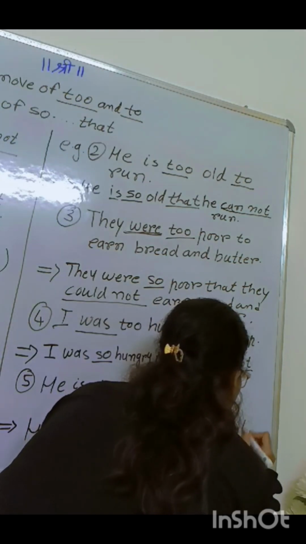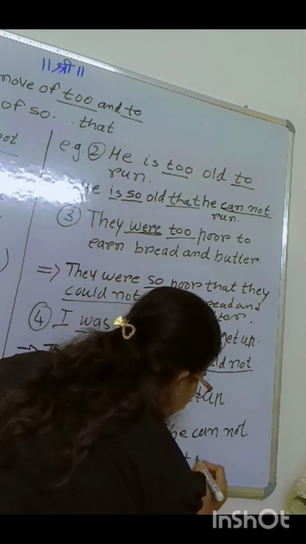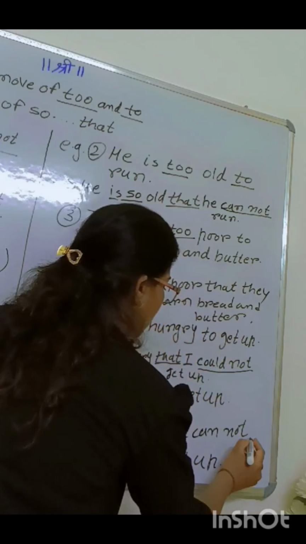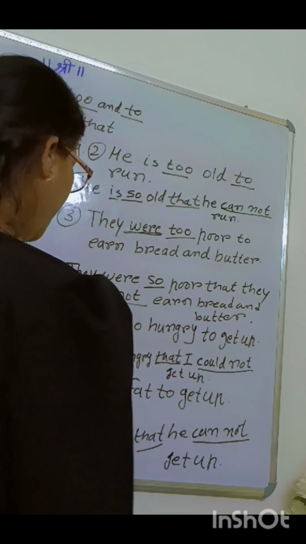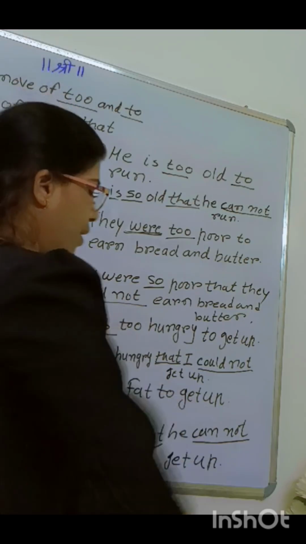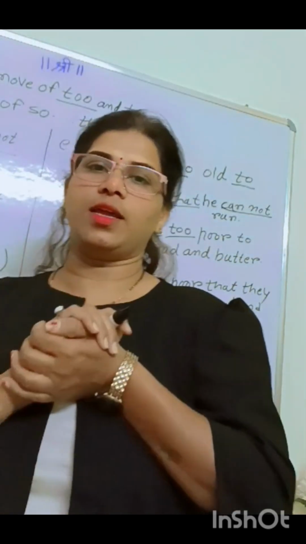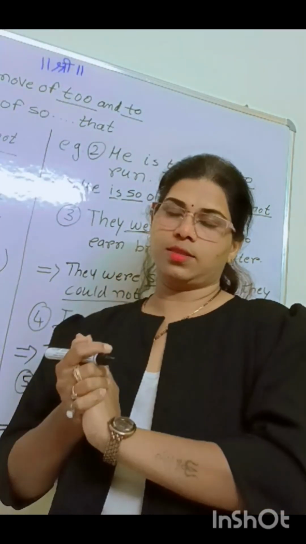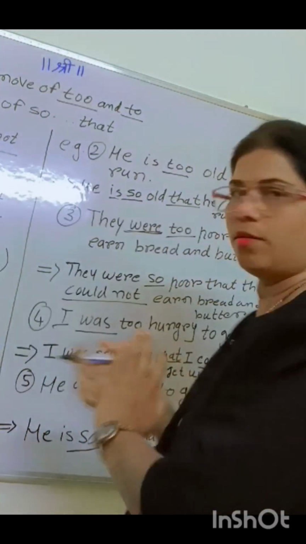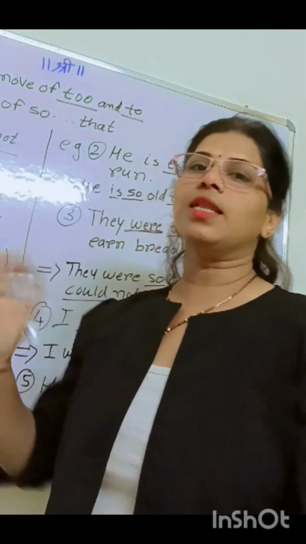Cannot. He cannot get up. Over. He is so fat that he cannot get up. वह इतना फैट है, मोटा है कि वह उठ भी नहीं सकता है. सकता है, प्रेजेंट टेंस में है तो सकता है, उठ नहीं सकता है. It is like that way.